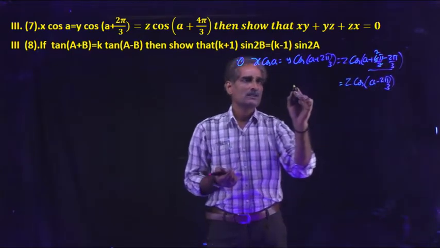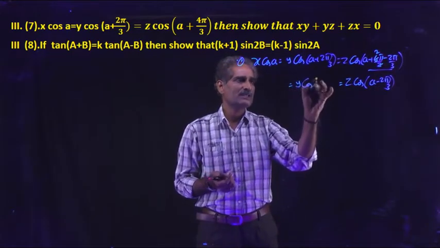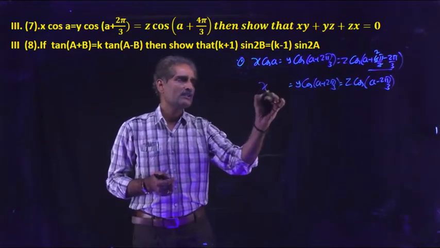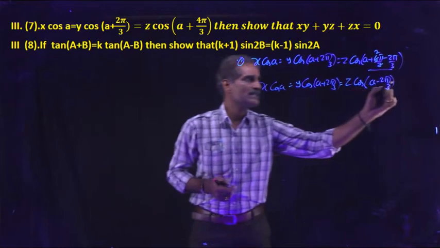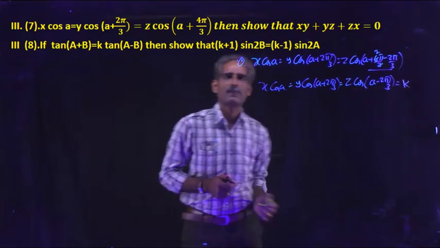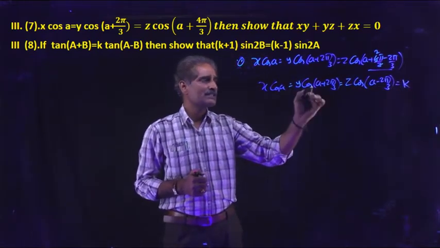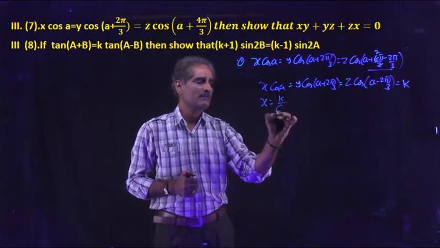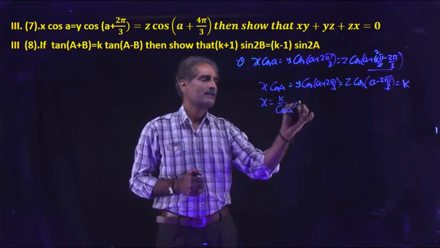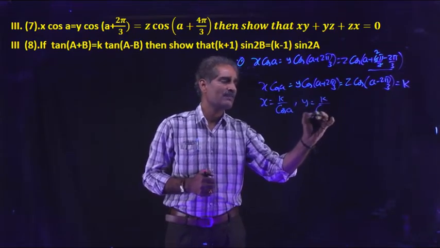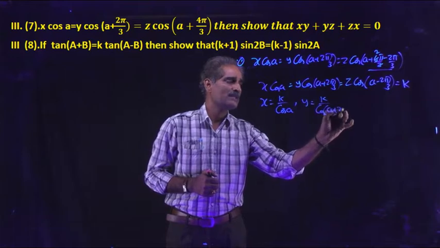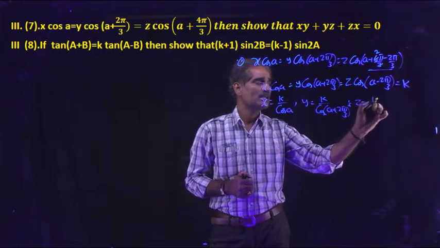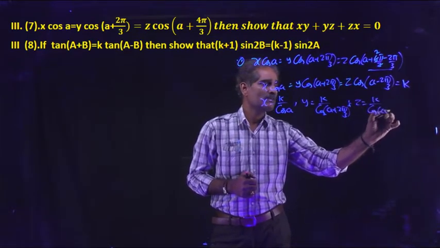So this is equal to y into cos of (a plus 2 pi/3) and x into cos a, which is equal to some k. Then from this equation, find x in terms of k: x is equal to k by cos a, y is equal to k by cos of (a plus 2 pi/3), and z is equal to k by cos of (a minus 2 pi/3).